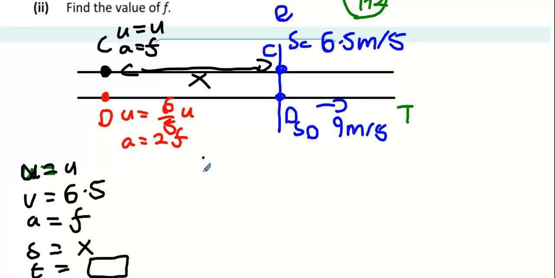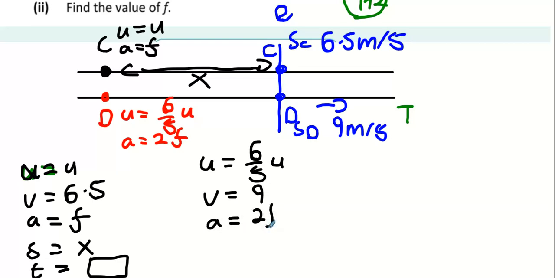Okay. What about the other data? 6/5 U, V value. A value, 2F. S value, T value. We do not know.